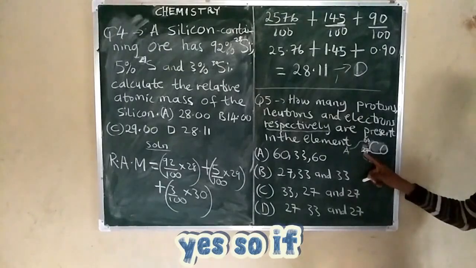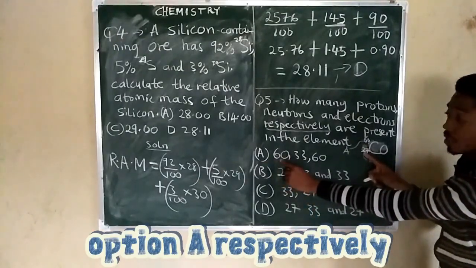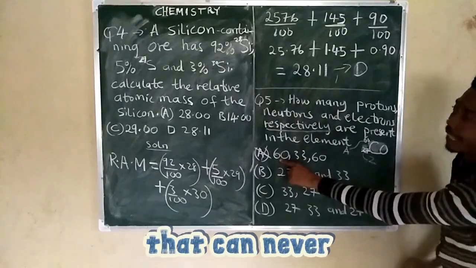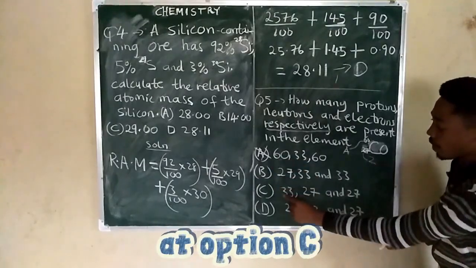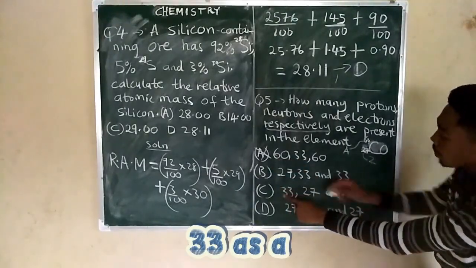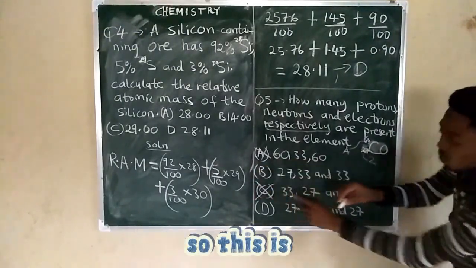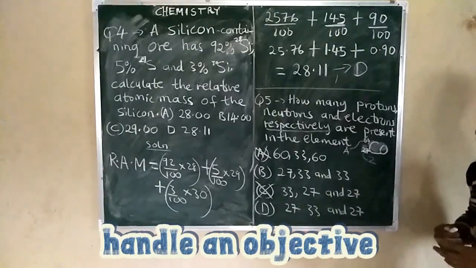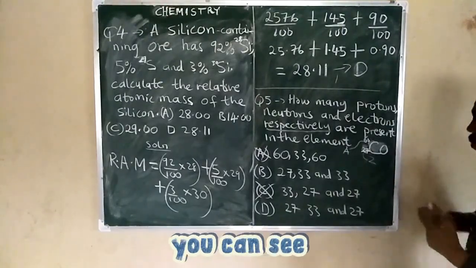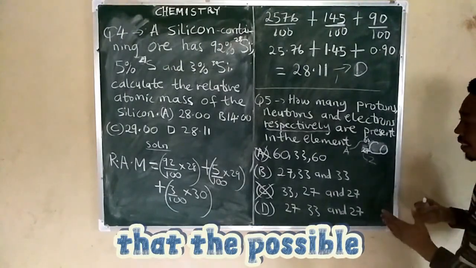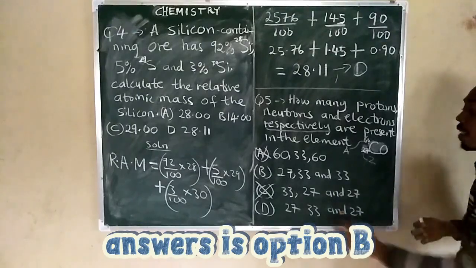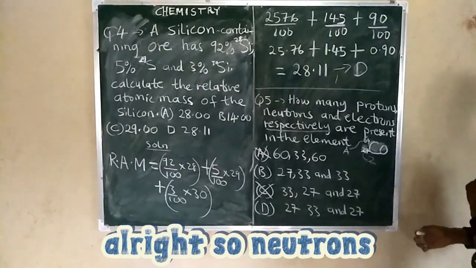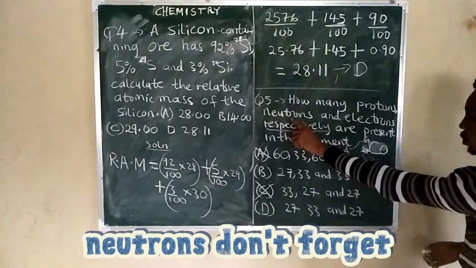So, if you look at option A, I'm having 60 as the number of protons. That can never be the answer. If you look at option C, I am having 33 as the number of protons. That can never be the answer. So, this is a very good approach to handle an objective question. Moving forward, you can see that the possible answers are option B or D. Alright. So, neutrons.